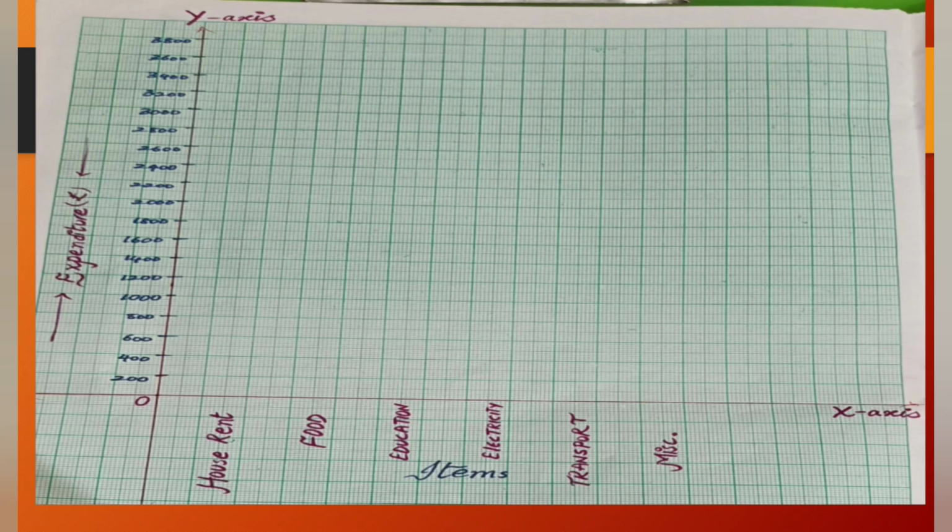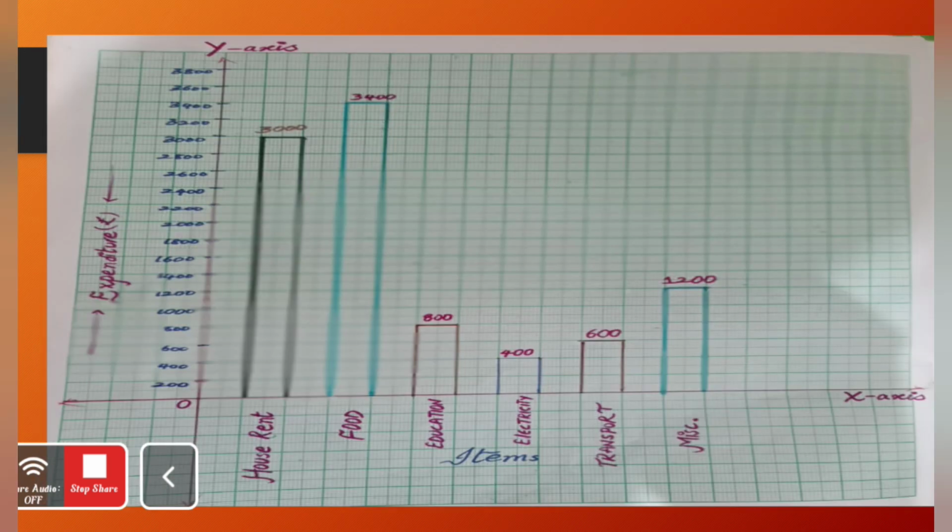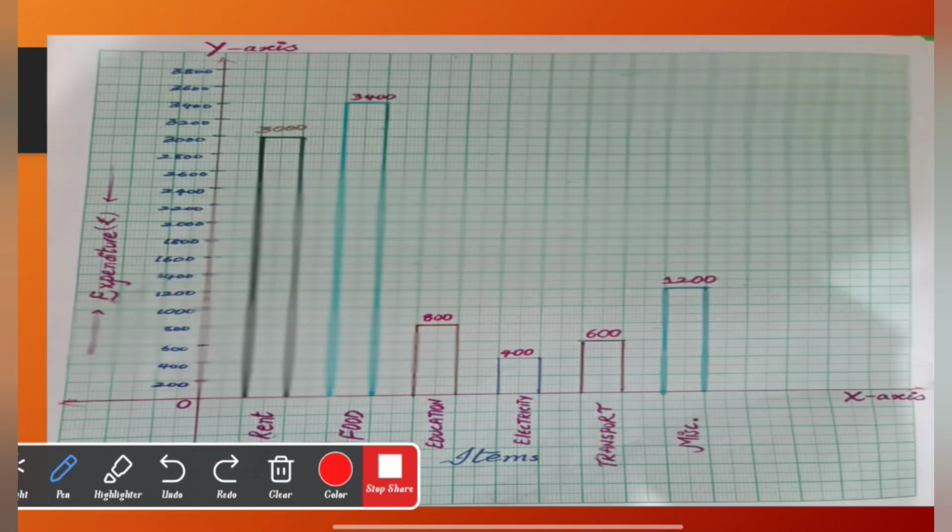Now see, our bars' length represents the frequency of each item, the width of each bar is the same, and the distance between each bar is also the same.